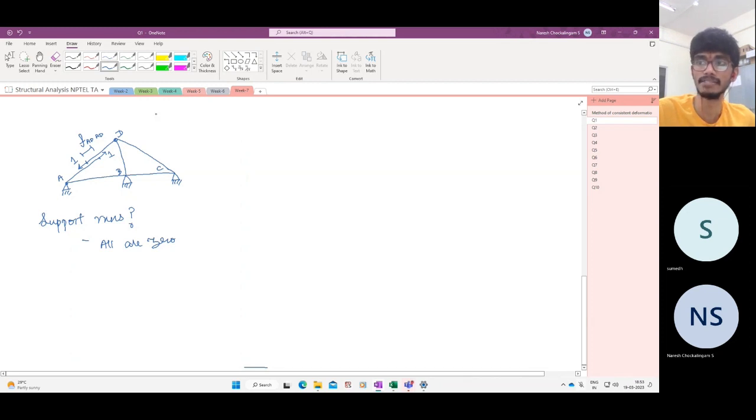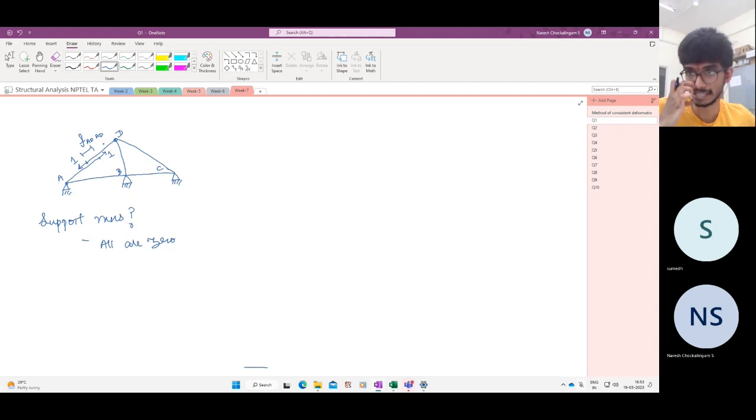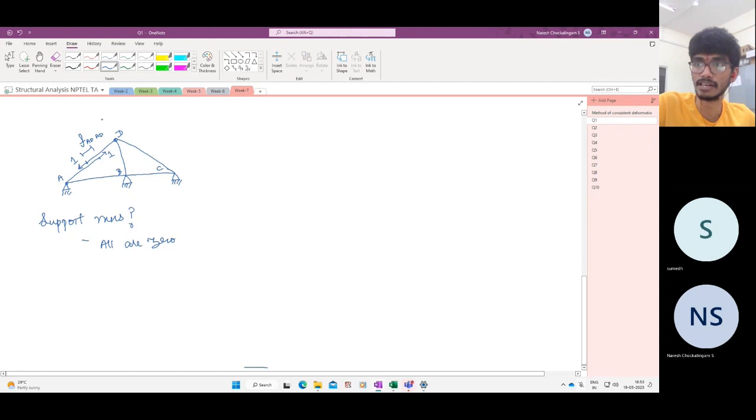There are internal loads: we have removed a member and replaced it with the force in the member, so the force is internal, and internal forces cancel each other. So when you look at the primary structure with the redundant loads, all the support reactions are 0. Now you look at joint D.